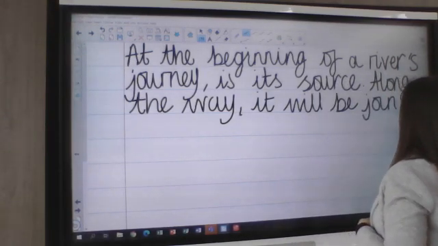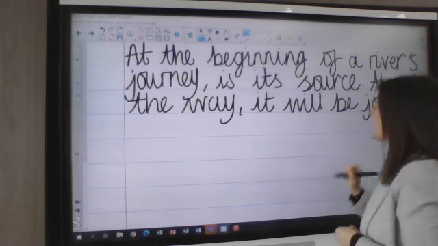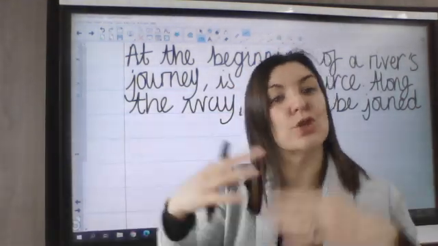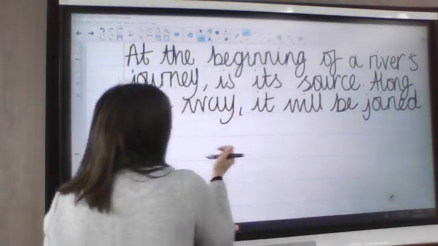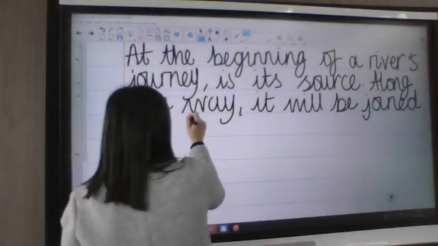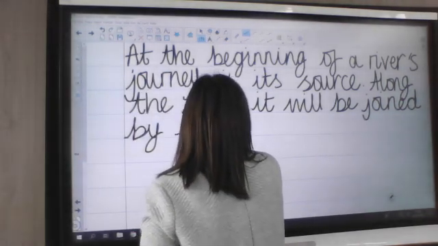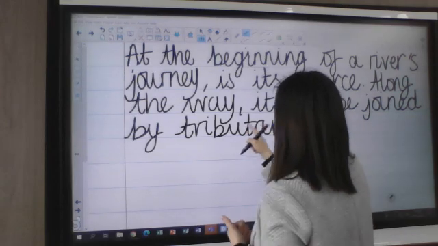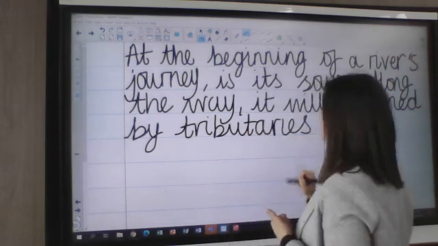So I'm doing this like a bit of a journey because that's what my river's doing. It's making its journey to the sea or the ocean or another lake or a bigger river. So it will be joined by tributaries.